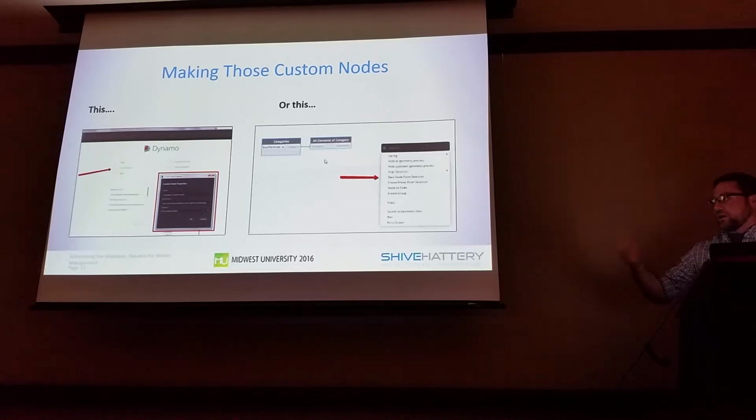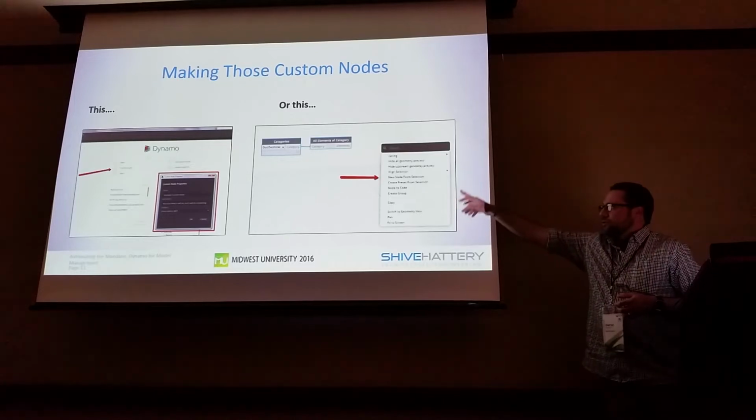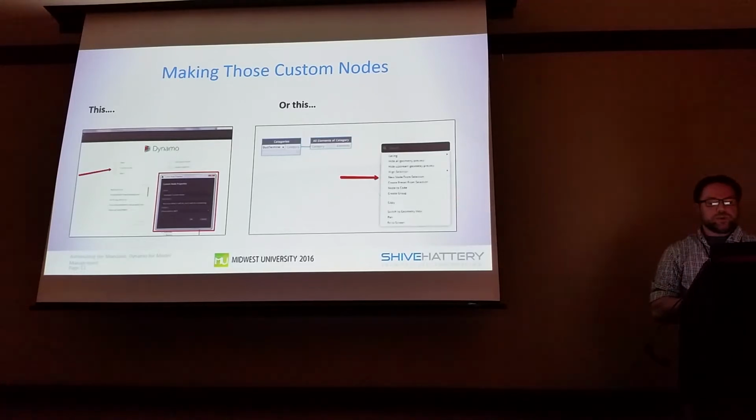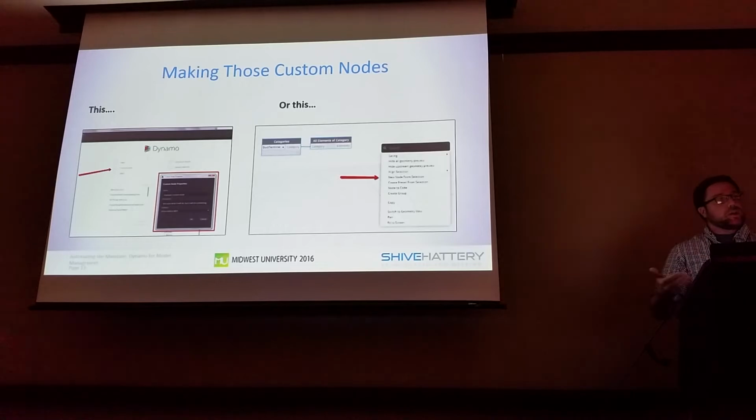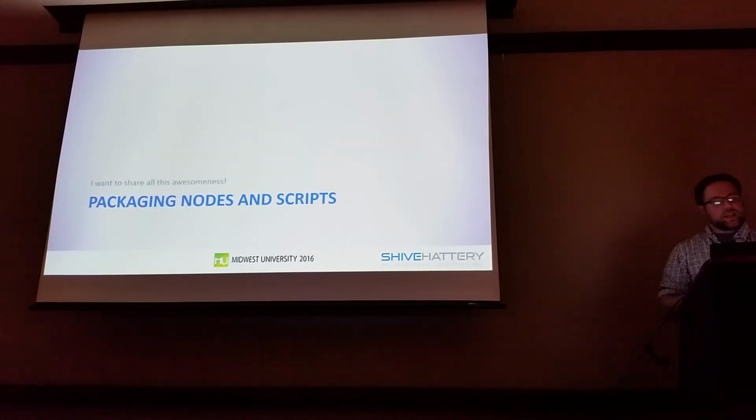As you do a node layout and right click, you have this option to create a custom node from there. I like to do it that way because it's more of an interactive environment. I can see the effects that my node layout is going to have, if it's doing what I want it to do, and then I can just go ahead and make that custom node. And again, I can't say this enough. This is all in the handout, so don't feel like you have to grasp it all right this second.